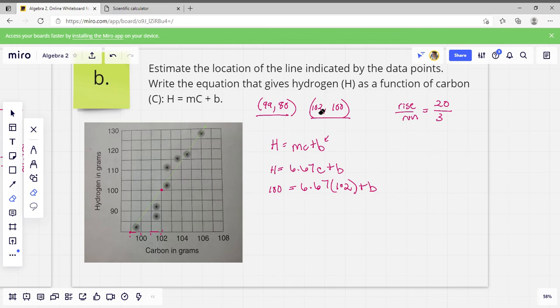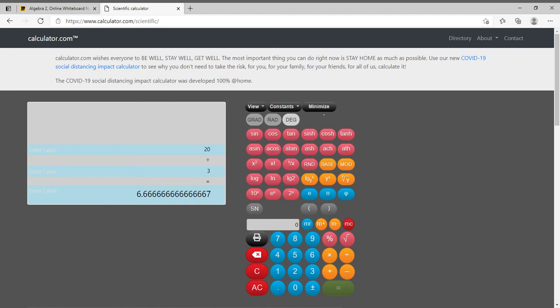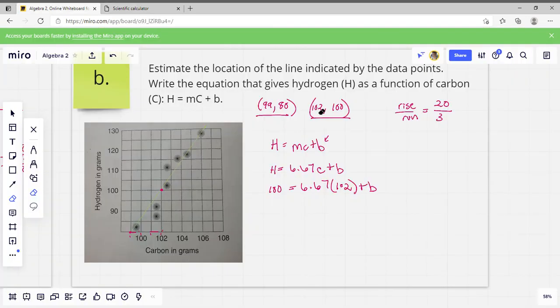So I'm going to go to my calculator. 6.67 times 102. 680. So we're going to have 100 equals 680 plus b.